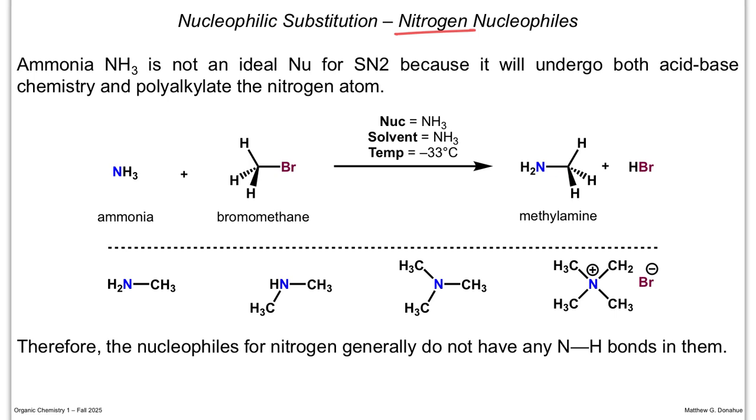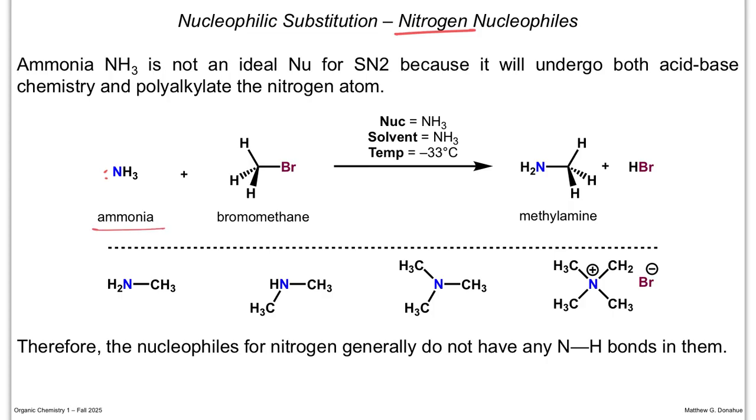So nitrogen nucleophiles. We started off this semester when we were learning about bonding and the different elemental patterns of bonding, how many bonds and lone pairs make up an octet. And so ammonia was one of the first things we learned about.